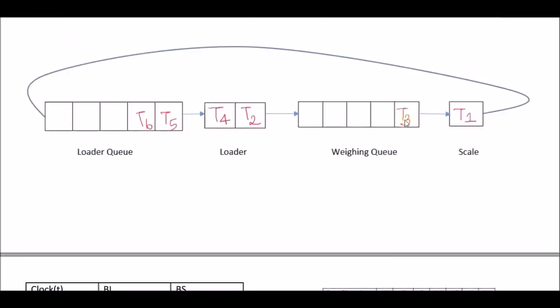So how do we write the future event list? This is going to be the same as the previous one because it's just time at 5. So this is going to be end weighing 12 and T1. This is something new because this is a new entry. So what is this going to be? This is not going to be there, right?